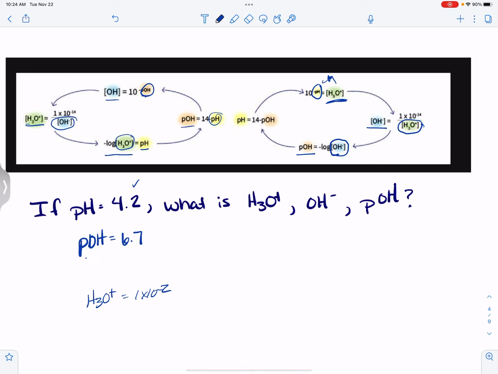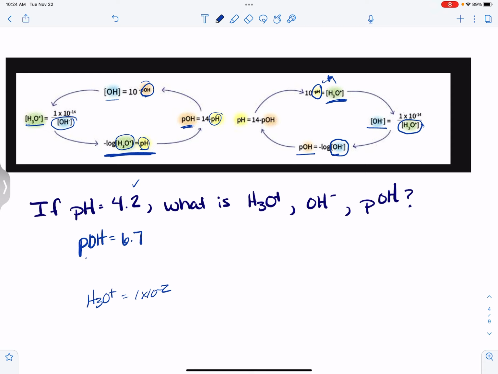But this is actually the easier way to do it. It's already written out for you. So log of H3O plus equals pH, you can get that one to pH. And then you can work your way around to pOH if you need to. So depending on what information you're given, you can follow those circles around and get to everything else.